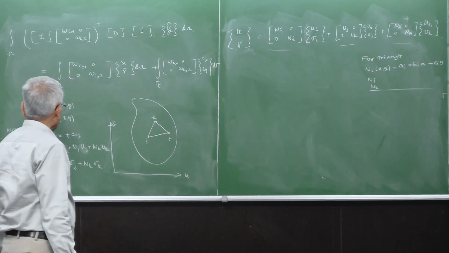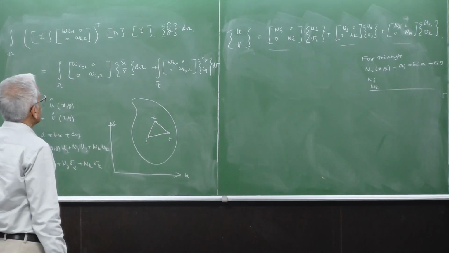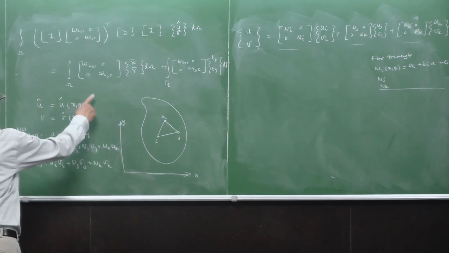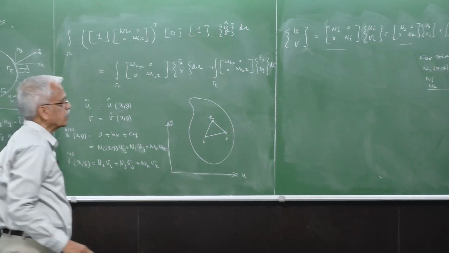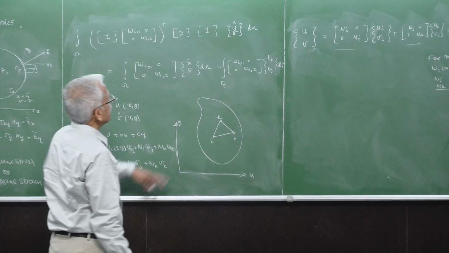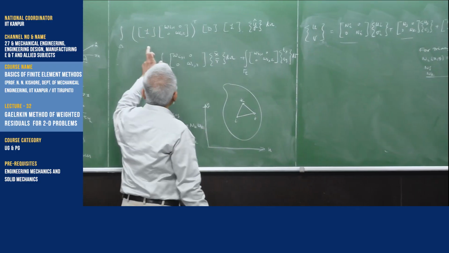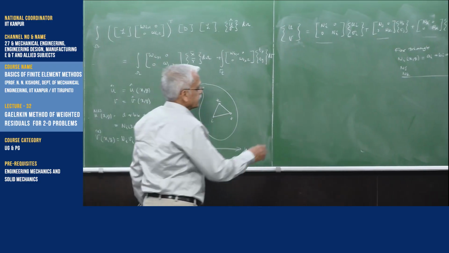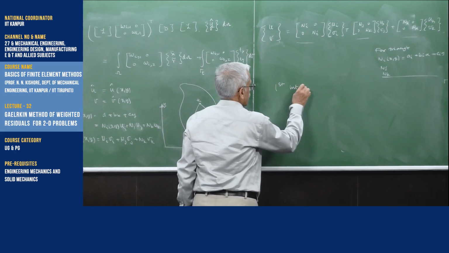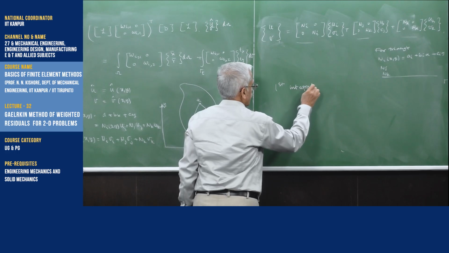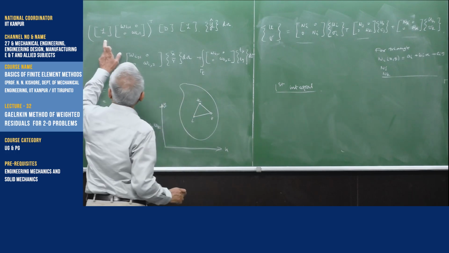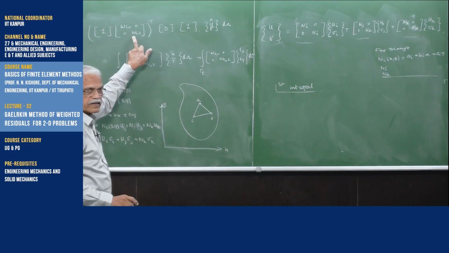Okay, so now what do we need to do? We need to determine the weighting functions. Once we know the weighting functions and once we know this u and v, let's look at the first integral. What do we have here? L operating on the weighting functions.